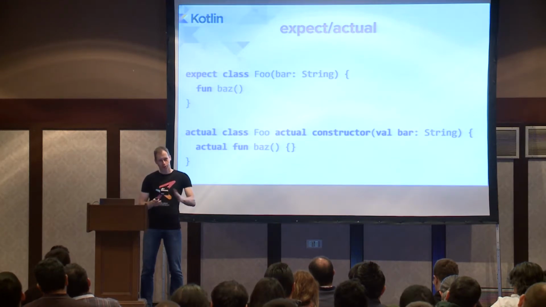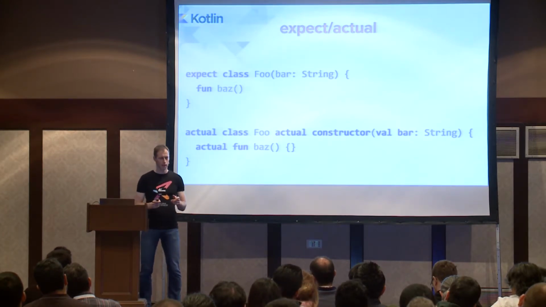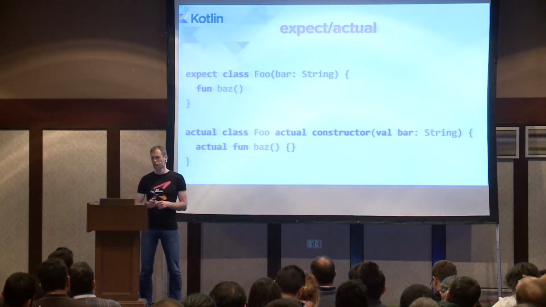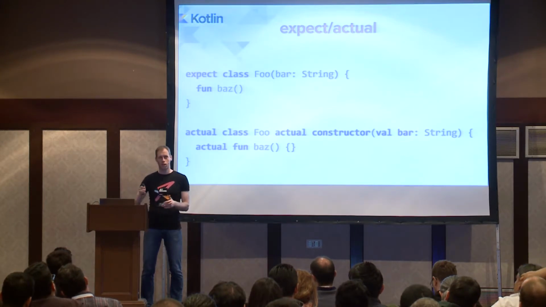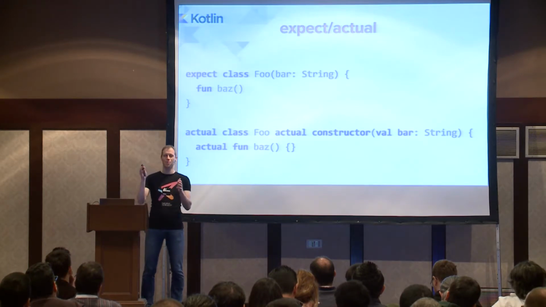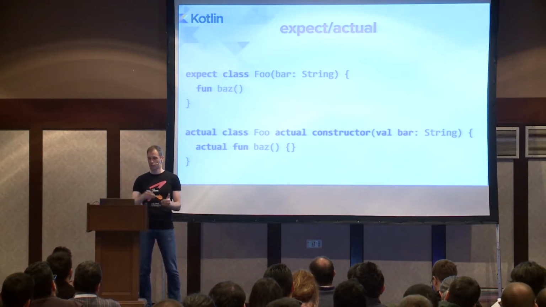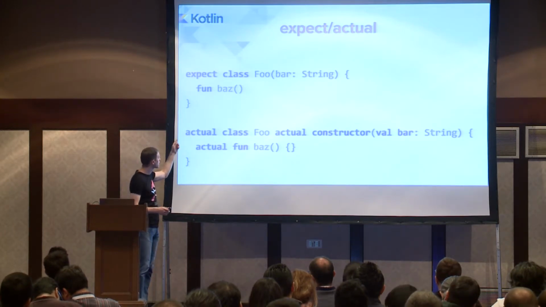But this is not the approach we've taken in Kotlin. The Kotlin approach is different, and it is a set of expect and actual declarations. You can think of them like, I don't know, header and CPP files in C++, where you declare some interfaces, some classes, some methods in common code, and you put the expect keyword on a class.